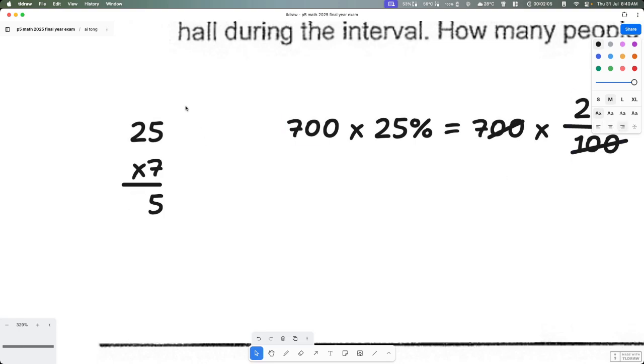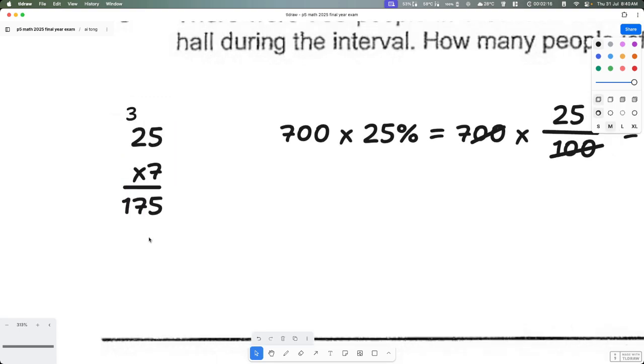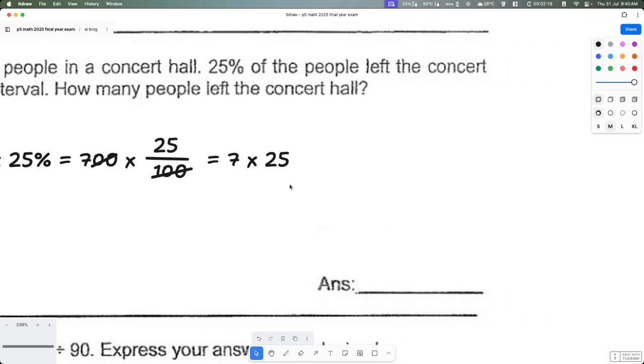So we're going to put the 3 at the top over here. 2 times 7 is 14 plus 5. This will be 175. So the answer to this question is 175 people who left the concert in this case.